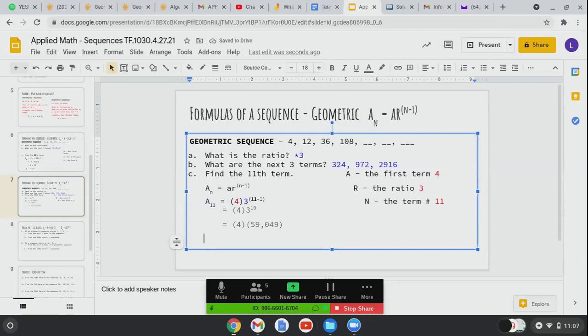So the 11th term of this sequence would be 236,196.